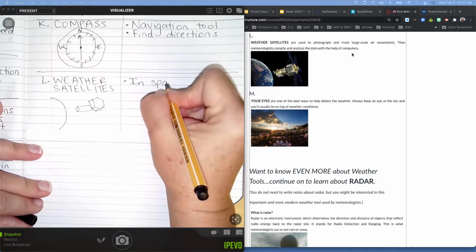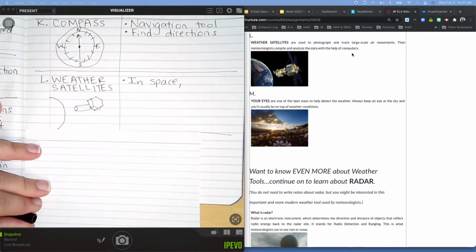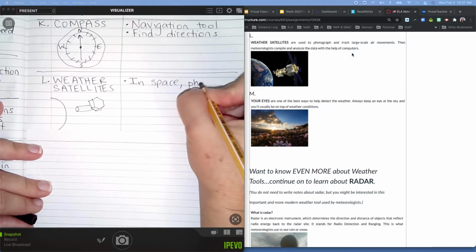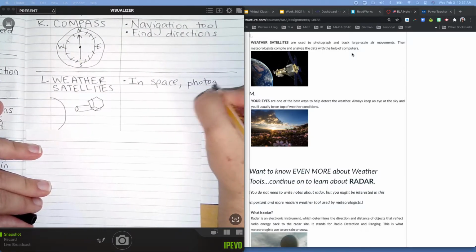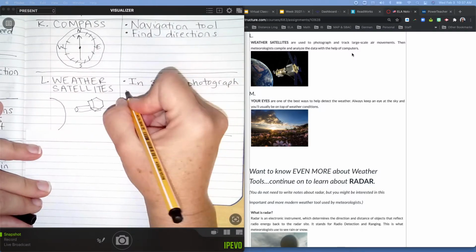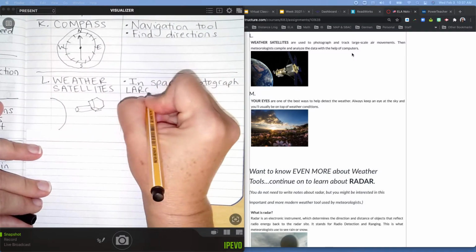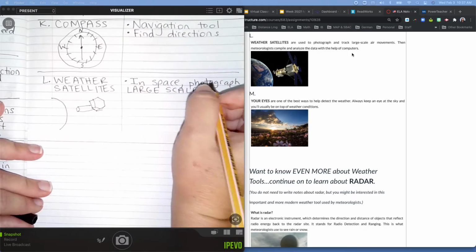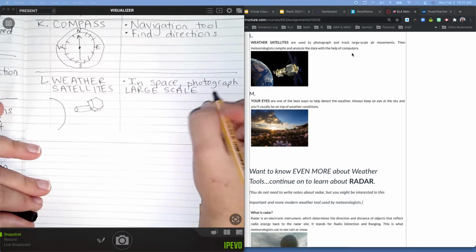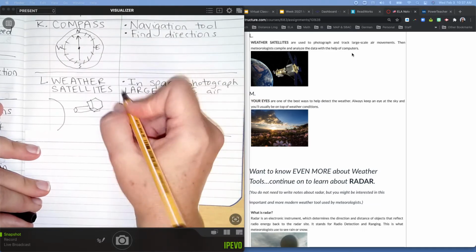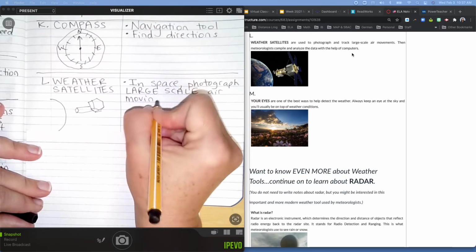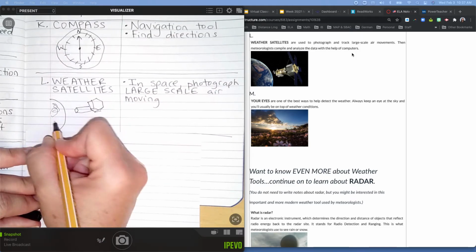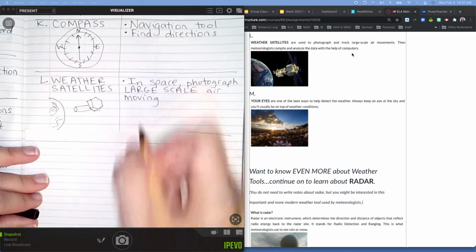In space, they photograph, and I can put large scale, like over continents. Large scale air moving. Okay, so from outer space, they're looking at the air and they're taking photographs.